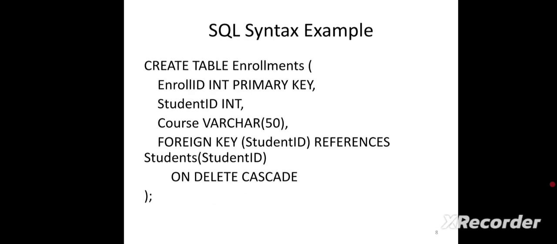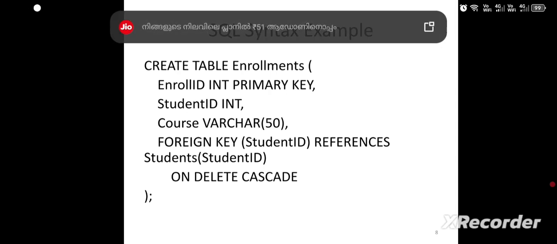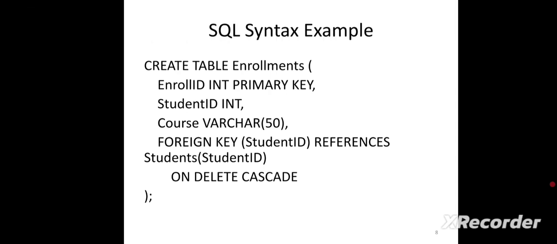Let's look at a basic SQL example to understand how we implement referential integrity. Create table enrollments, enrollment ID int primary key, student ID int. You can see the remaining example. Okay, in this example we are creating an enrollments table.